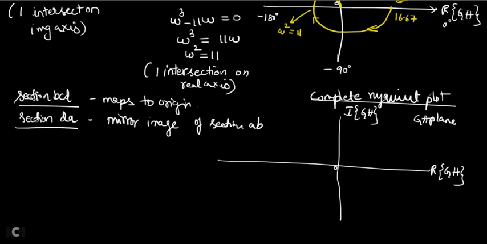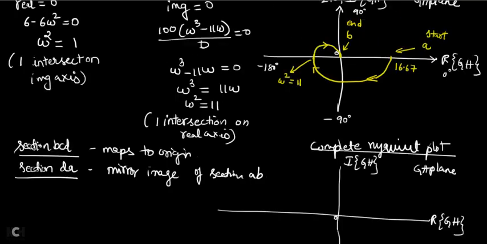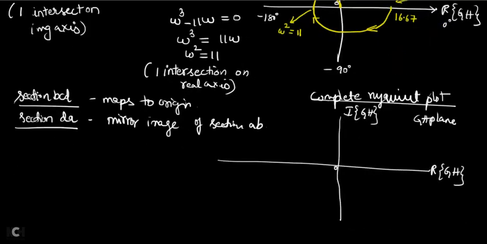Half of the Nyquist plot is already there, like this, what I have written above. Direction is like this, A to, this is 16.67. The direction is A to B. Okay, this is the B point.